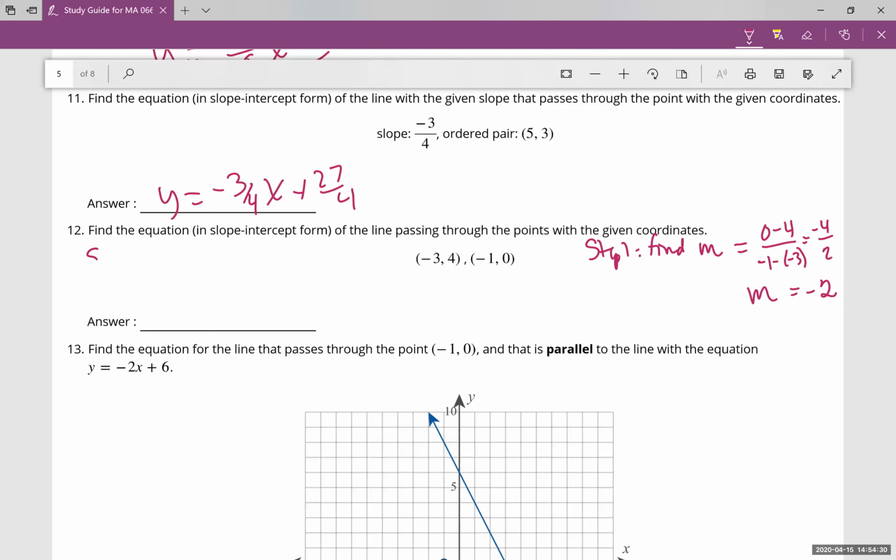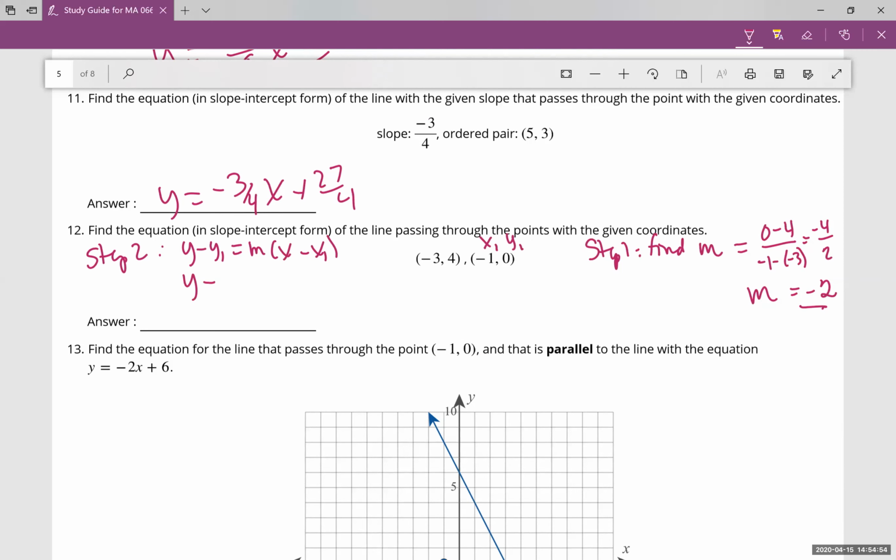Step 2, I'm going to use point slope form. Y minus y1 equals m times x minus x1. That's also on the formula sheet. And I get to choose the x1 and y1. So I'm going to be substituting in x1, y1, and also m equals negative 2.